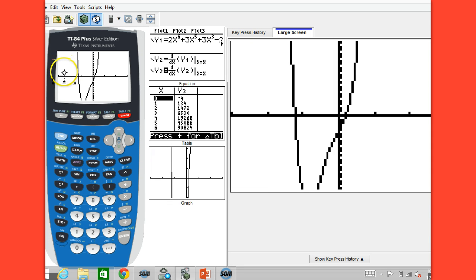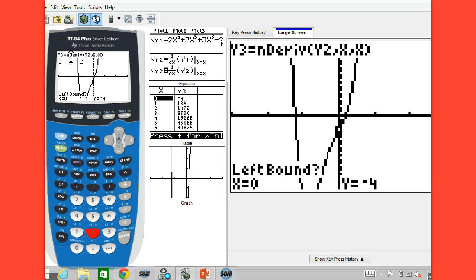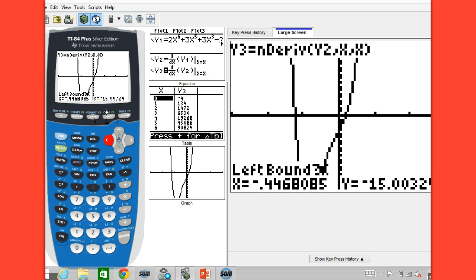Yep, just hit my 0 button. So we're going to go back to second trace, which is my calculate menu, and I'm going to choose my 0 button. And of course I have to give it left bound, right bound, guess.